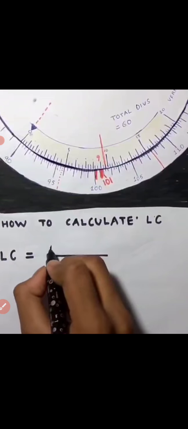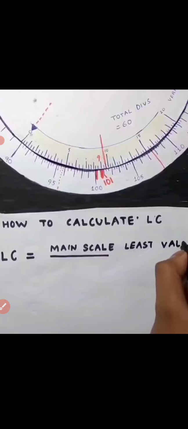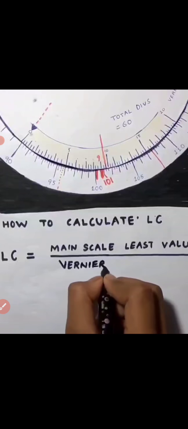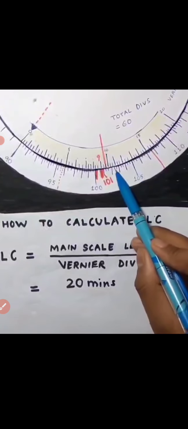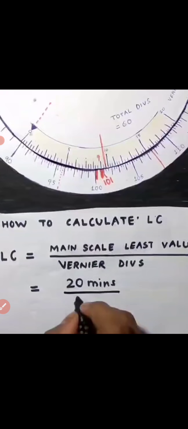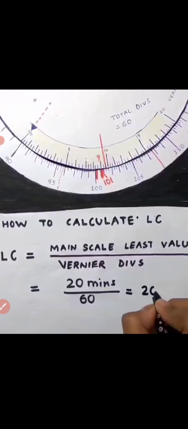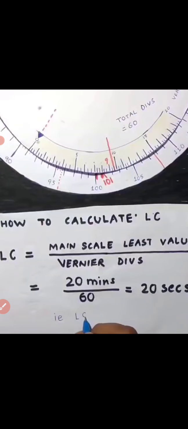Okay. So what is the equation for least count? Least count is equal to the least value of the main scale divided by the number of divisions on the vernier. That is the equation. So the least value on the main scale is 20 minutes and the number of divisions on the vernier is 60. So 20 minutes divided by 60.